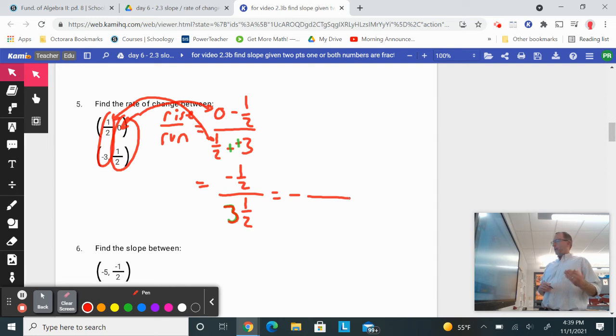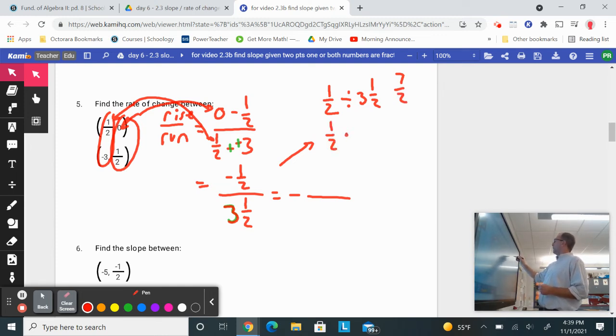Well, over means divide. So I'm going to show you that work up here. I have 1/2, and I'm going to divide it by 3 1/2. Well, just remember, 3 1/2 can be written as 7/2. And when you go to divide a fraction, you would multiply by the reciprocal, which is 7 over 2.